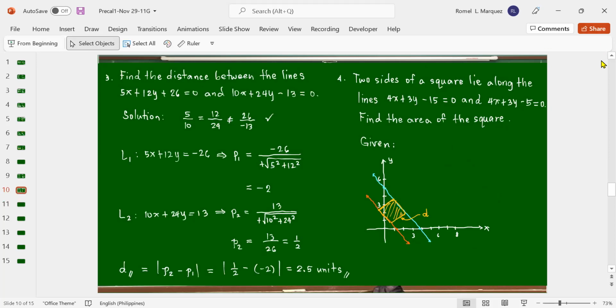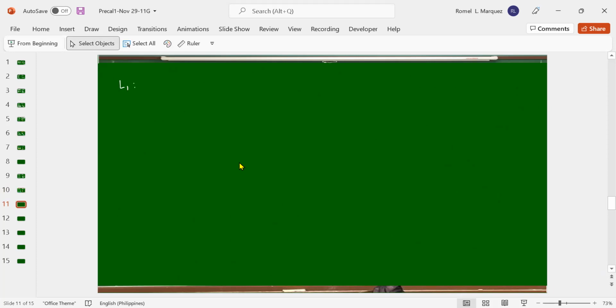So what is the P of the first line, guys? Our line 1 is given by 4x plus 3y minus 15 equal to 0, or equals 15. So its P is equal to 15 over the positive square root of 4 squared, 16, plus 3 squared, 9.